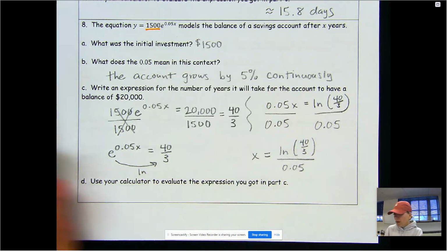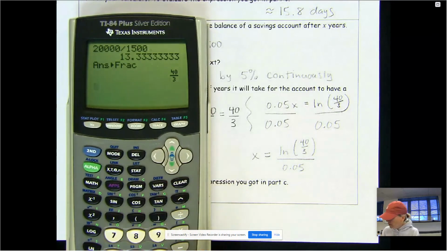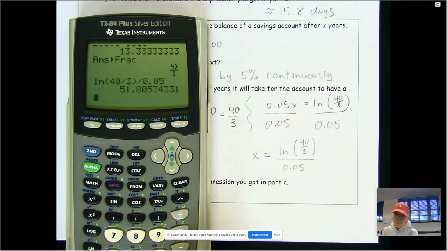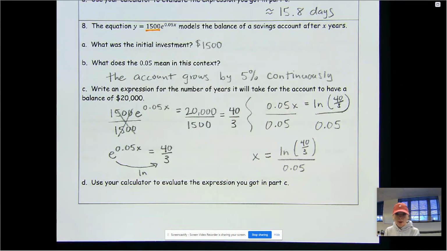Putting that into the calculator, the natural log of 40/3, close the parenthesis, and then divide by 0.05, and you get about 51.8. So about 51.8, almost 52 years.